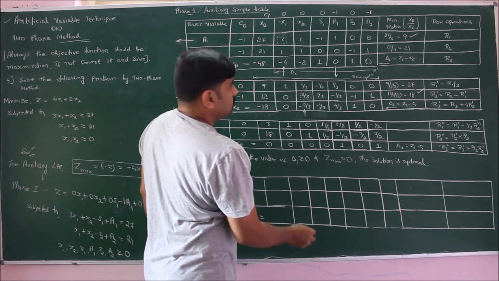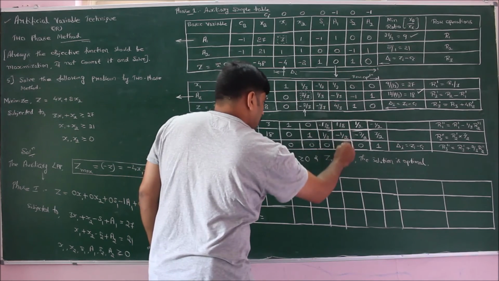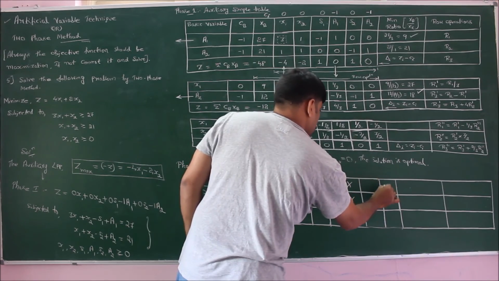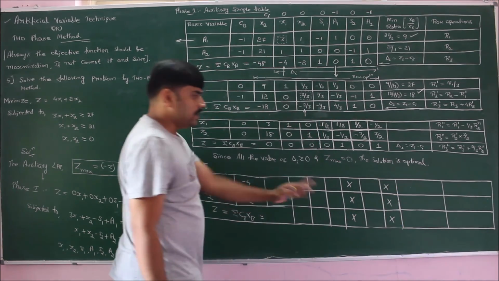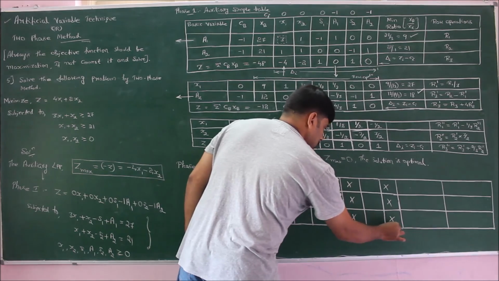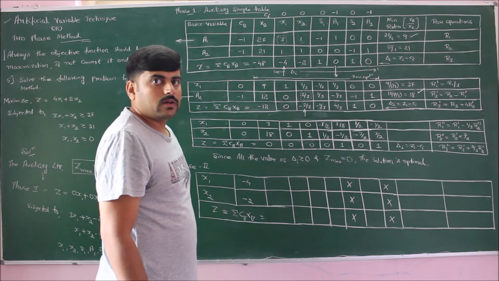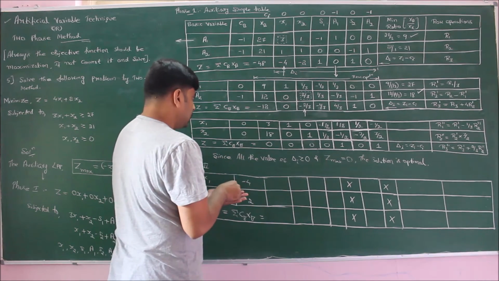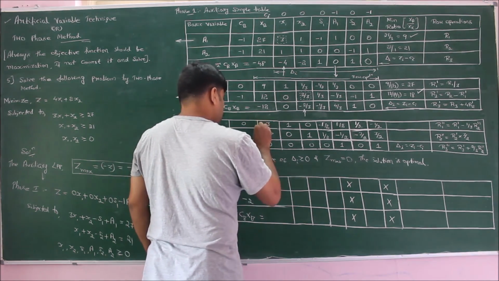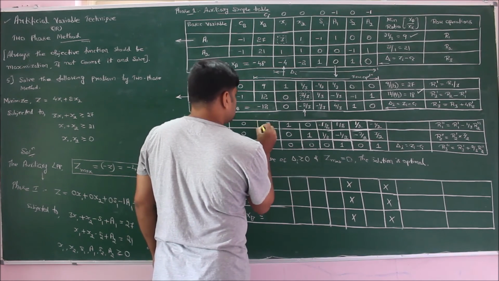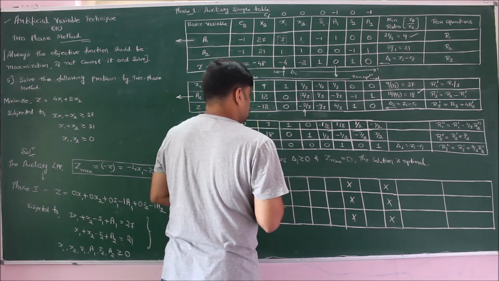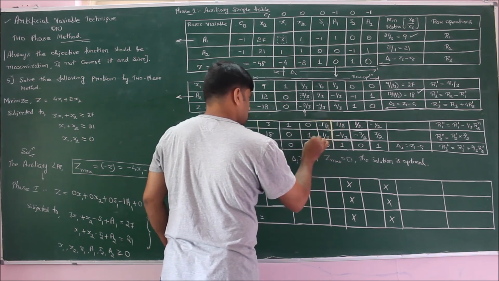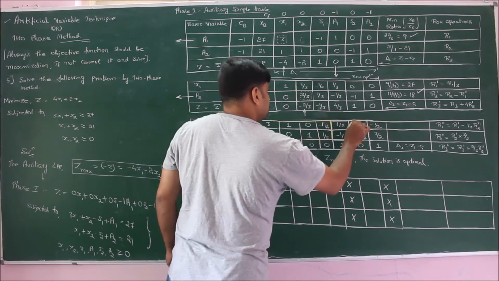Since I want to eliminate the artificial variables A1 and A2 from phase 2, copying down the matrix from XB to S1 and the value of S2.